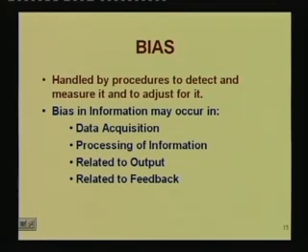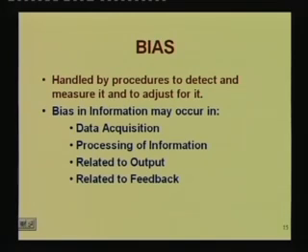Now comes bias. Biases are handled by procedures to detect and measure the bias and make suitable adjustments. In fact, there are various types of bias that can occur in information processing.